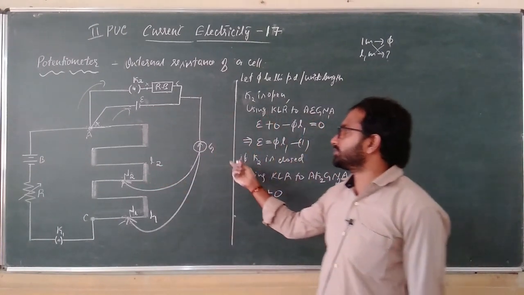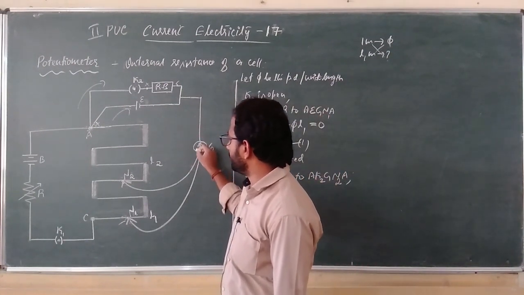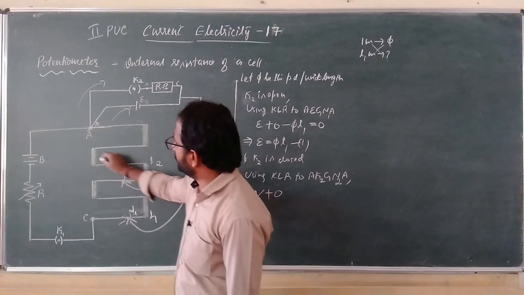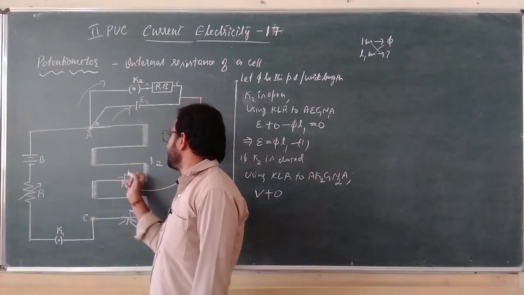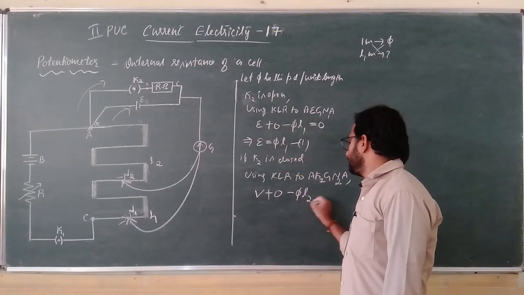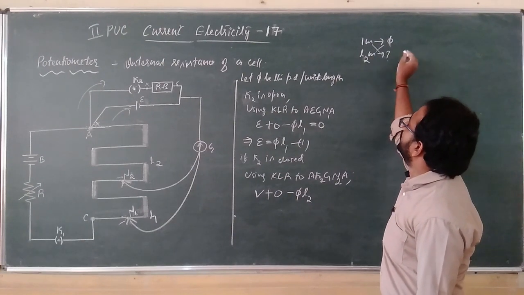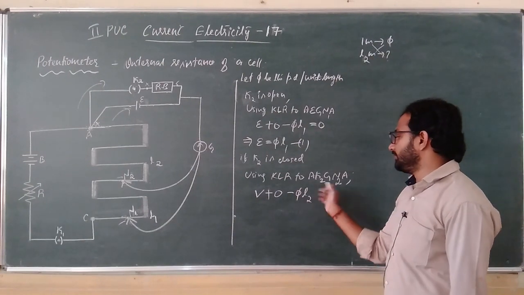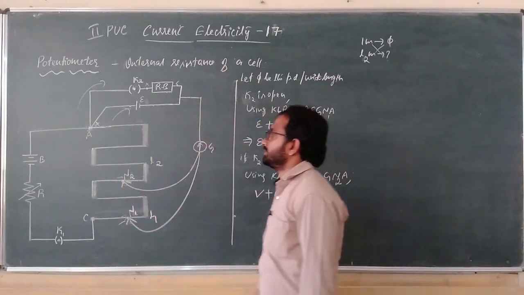Since the galvanometer is showing zero deflection, there is no current flowing through it, therefore there is no potential drop. From here to here, this is at lower potential, this is at higher potential, minus phi into L2. Because for 1 meter length phi is the potential difference, for L2 meter length the potential difference is phi into L2, that is equal to 0, because you reached this point.